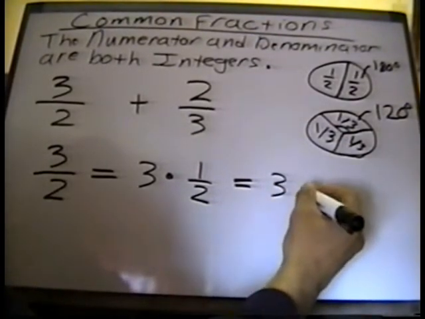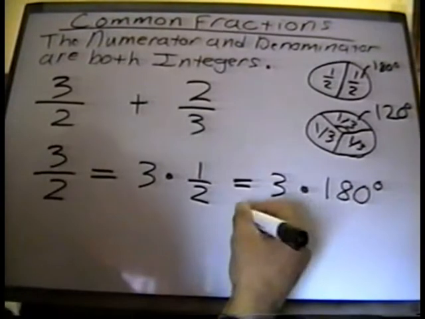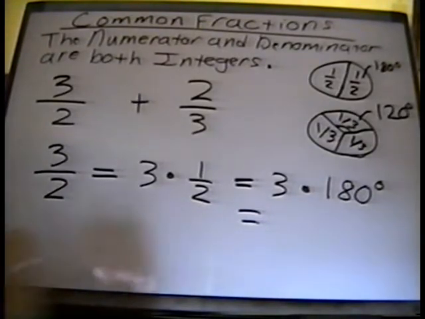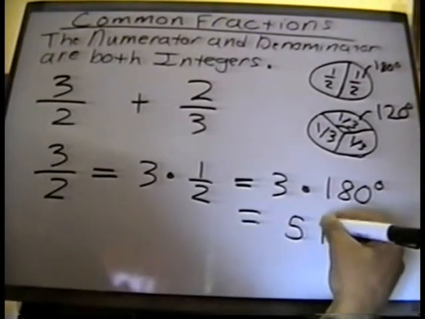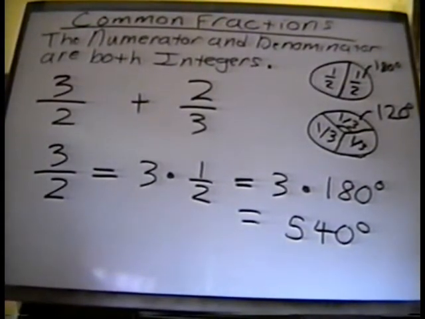We say 3 times 180 degrees. So we take 180 degrees and multiply that by 3, we get 540 degrees. Okay?